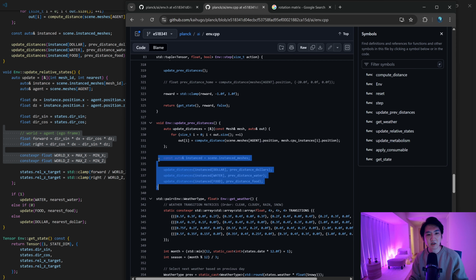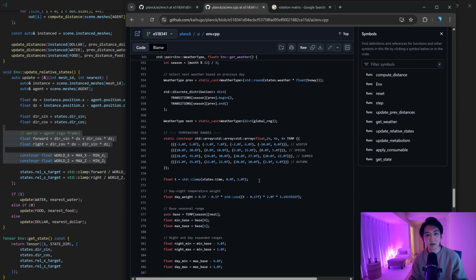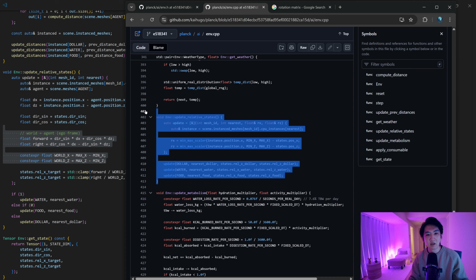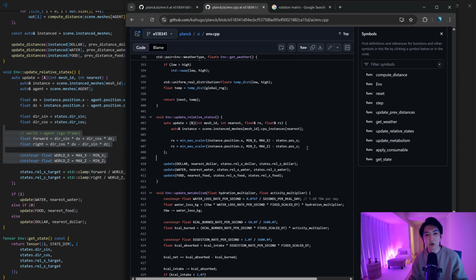So the function used to look like this, where it works pretty simply: I just compute the target vector by subtracting the position vector of the AI from the position vector of whatever nearest target the AI agent is aiming for at the step.